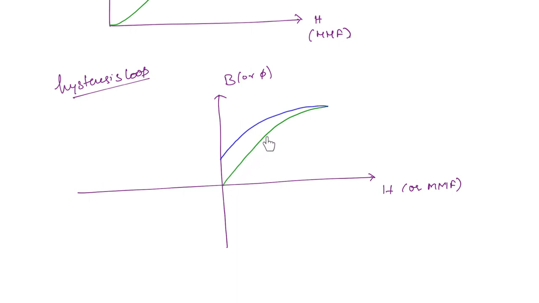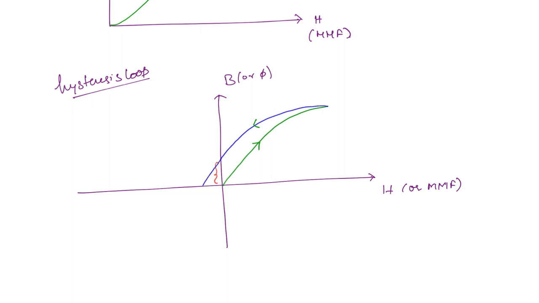First, if you are increasing, it will go in this direction. You can draw the arrow here, and when you are decreasing the MMF, it will come back in this path. So what is this value here? Even when MMF becomes 0, there is a non-zero value of flux, that is the residual flux. Now when will the flux become 0? It will become 0 when we apply MMF in the opposite direction, that means negative MMF.